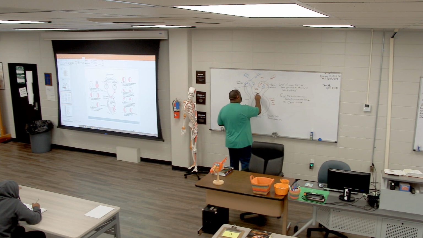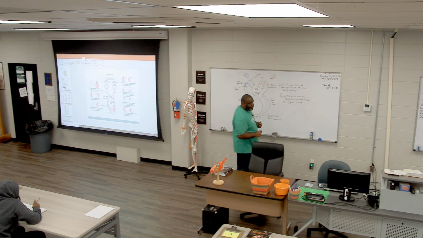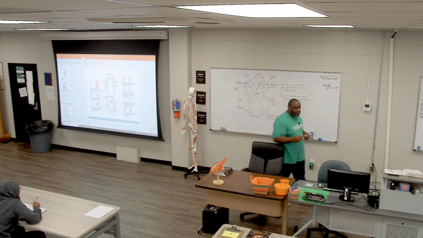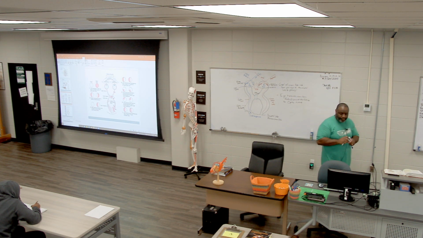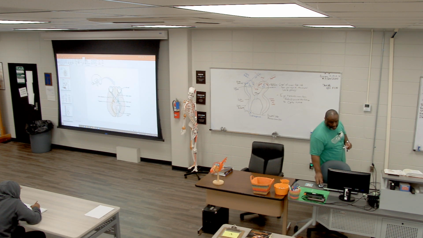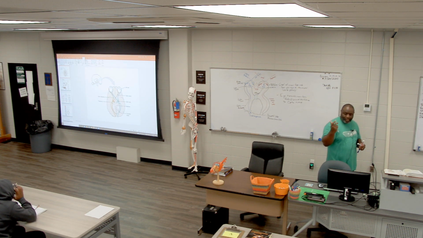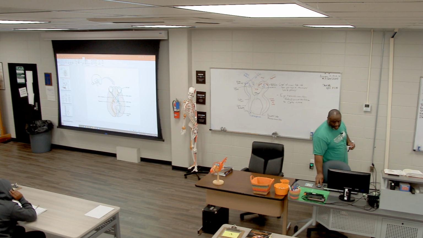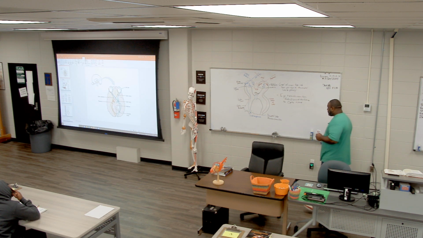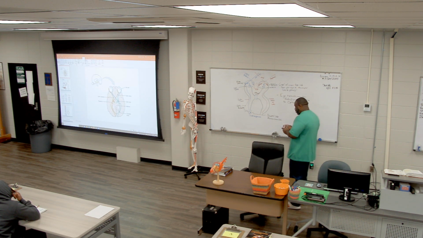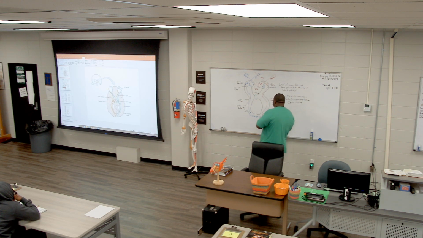C-H-I-A-S-M, there should be an S. Optic chiasm. Right in the middle of the two. Optic chiasm. Okay? And if you look at a brain and you flipped it upside down, the chiasm is right here in the middle, right by the pituitary gland. Okay, so the optic chiasm right in the middle.